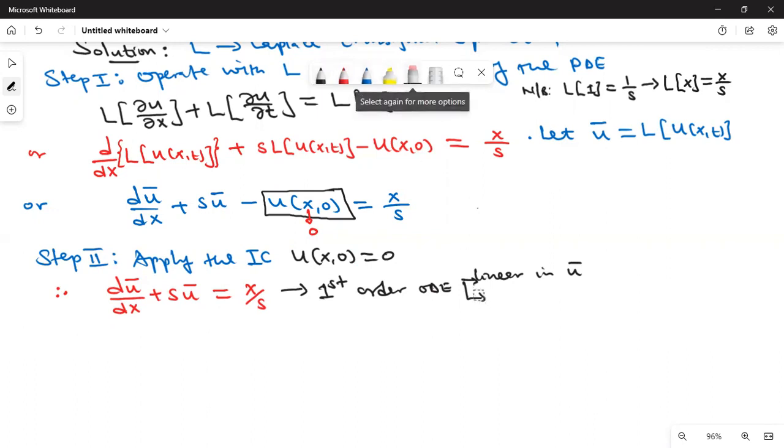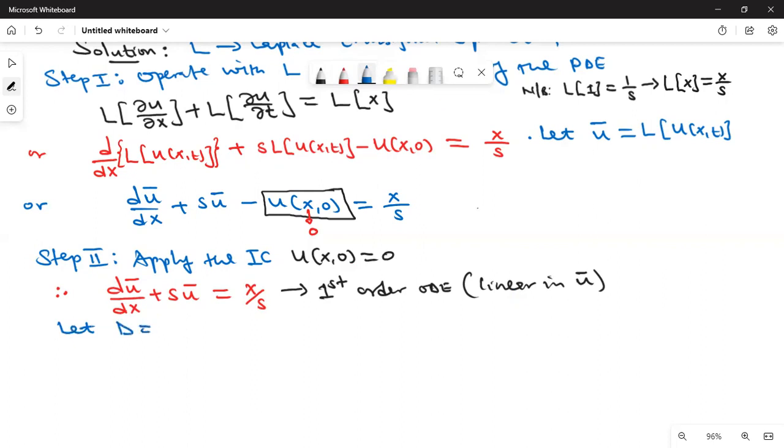Let me write this in a better way. This equation is linear in the dependent variable u bar. So you can solve it in two ways: solve it as a linear ODE or solve using the D operator method. I want to use the operator method, so let D be the derivative with respect to x.